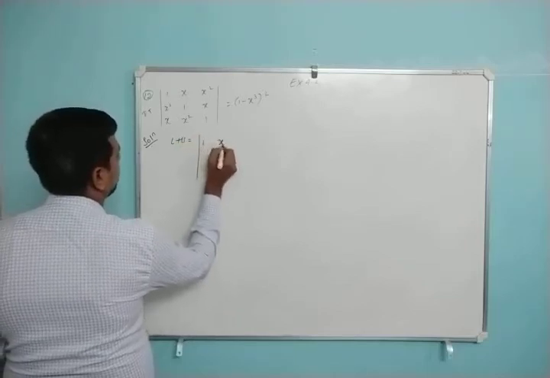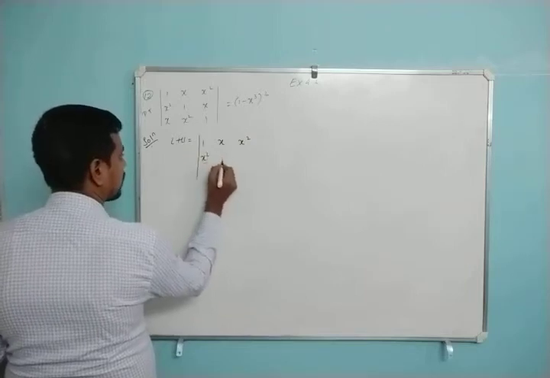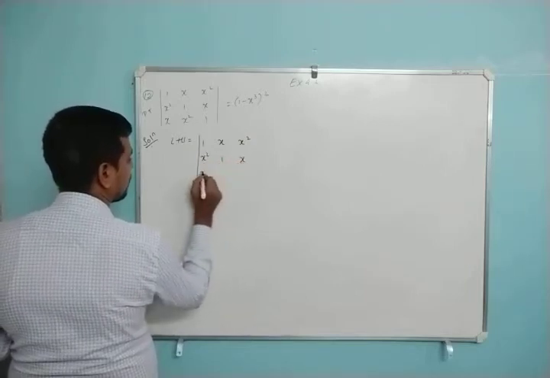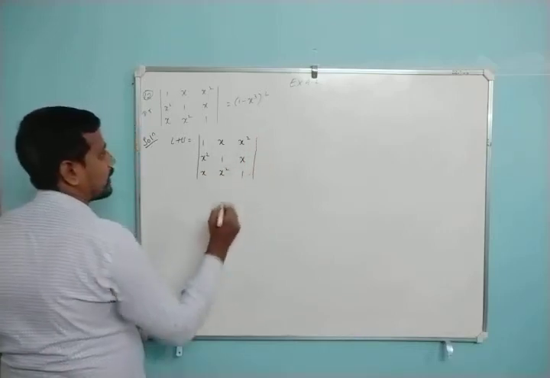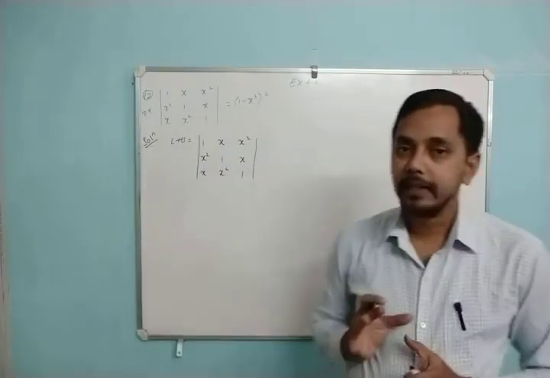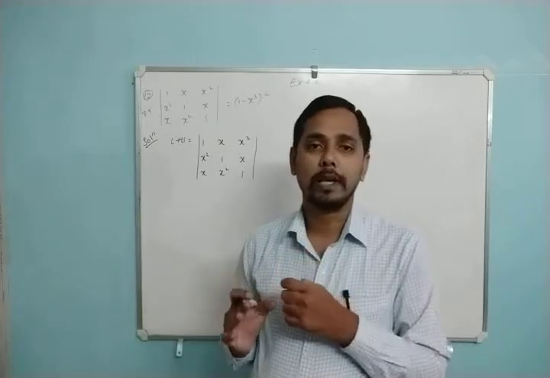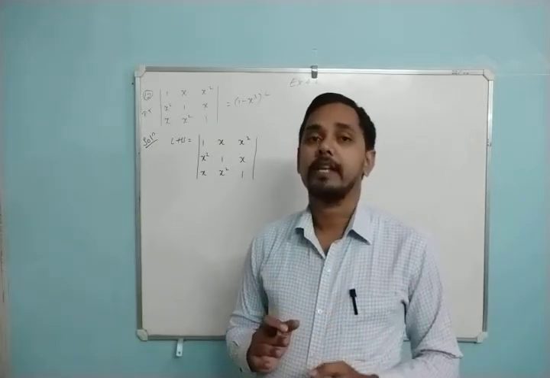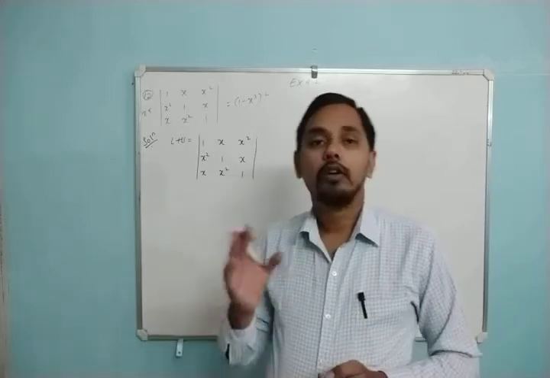The rows are 1, x, x square; x square, 1, x; x, x square, 1. As I said, if the determinant is such that adding all the 3 rows or 3 columns gives the same result, then you go ahead with the addition of either rows or columns.